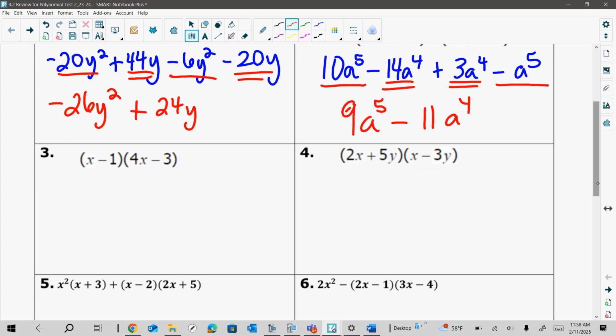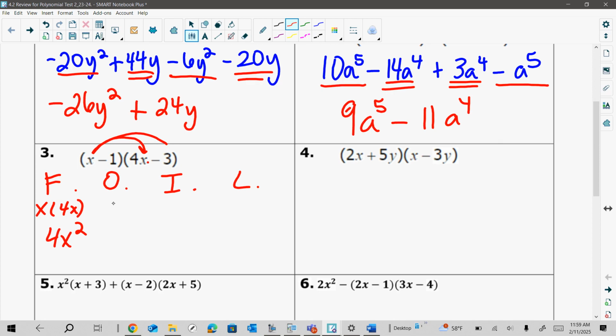Okay, so I want to talk about the FOIL method. Some of you are doing your box, that's fine, but it's first term, outer term, inner terms, then the last term. The first term are the x times the 4x. When I multiply those together, I get 4x squared. The outer term is the x times the negative 3.